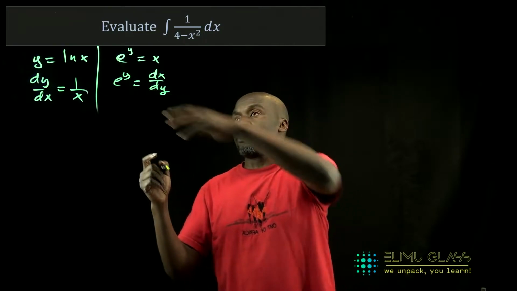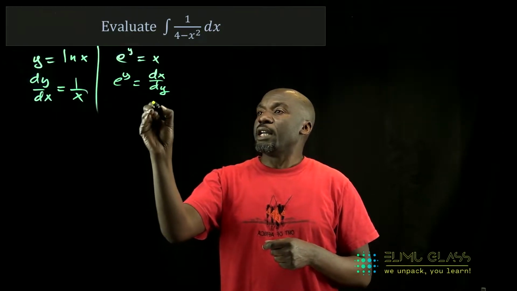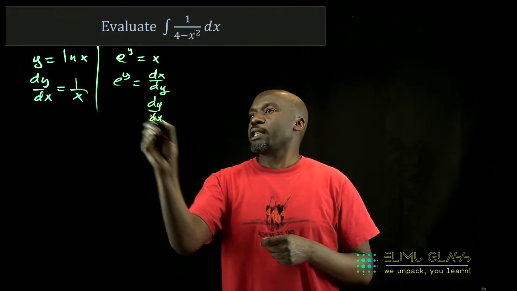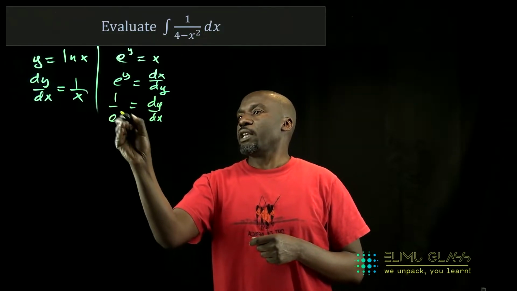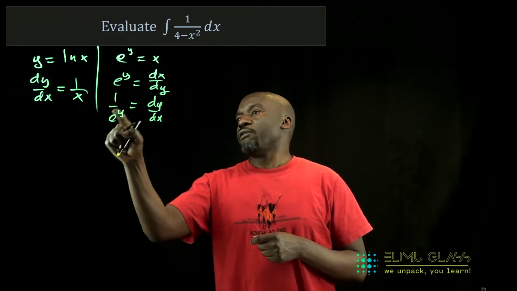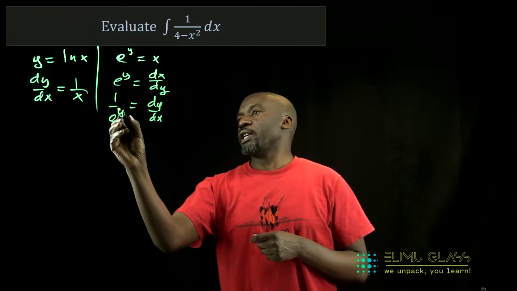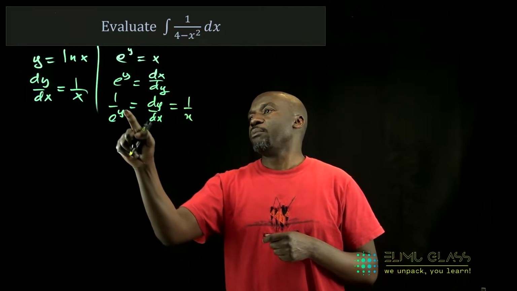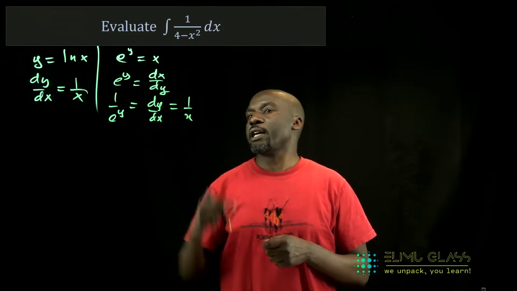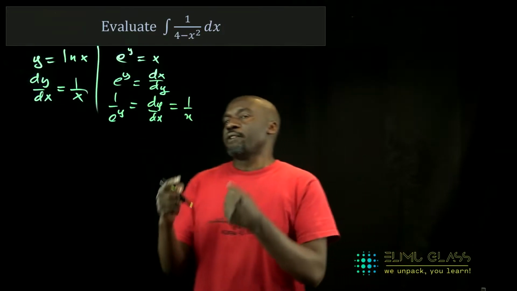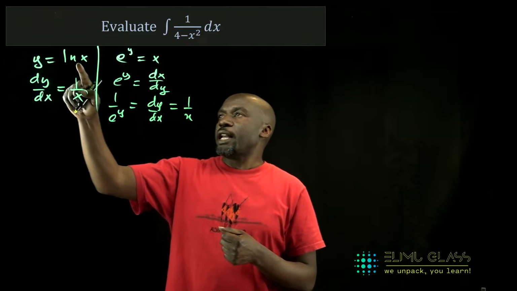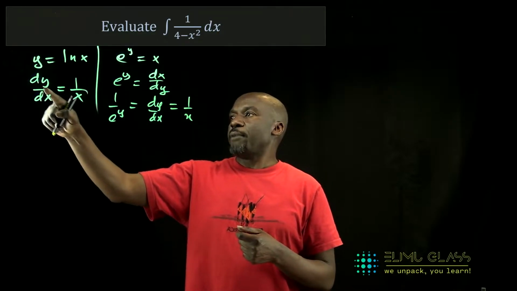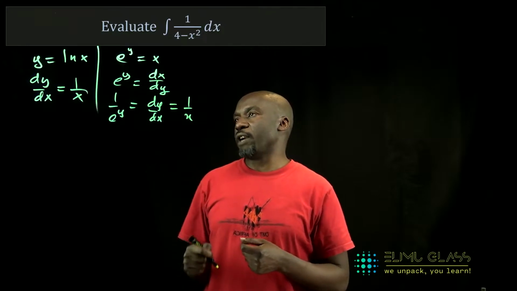And so if I reciprocate this, then I have dy by dx is 1 over e power y, and e power y is x, so this is 1 over x. So therefore, if y is ln of x, then dy by dx is 1 over x.